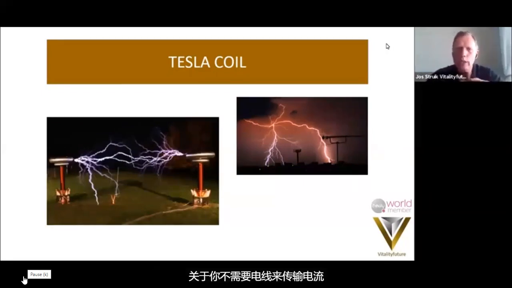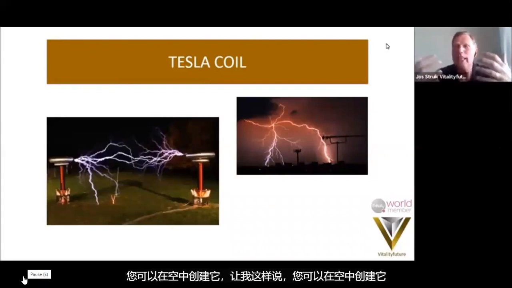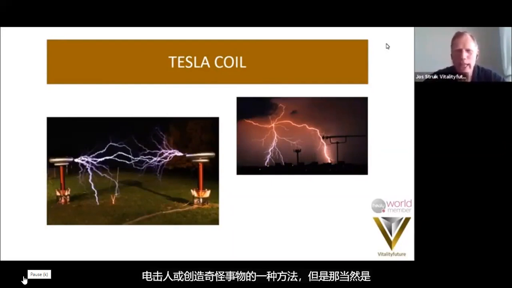You don't need wires to transport current from one place to another. If you have different polarities, you can create it in the air. And of course, in some of the horror movies like Frankenstein in the past, this would be a way to electrocute people or to create strange things.